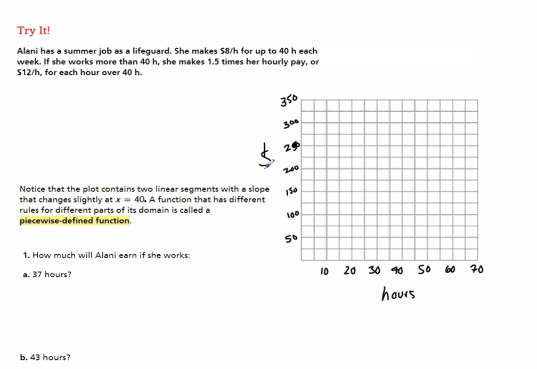And this is money. So up to 40 hours, she's making $8 an hour. So I know that 0, 0 is a point, and that 8 times 40 is 240. So that'll be right in here. So I know I have a line going to that point right there.